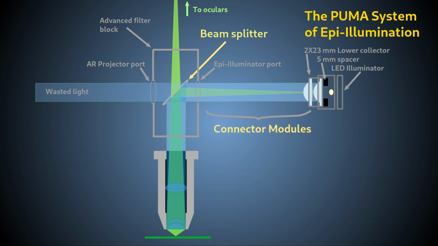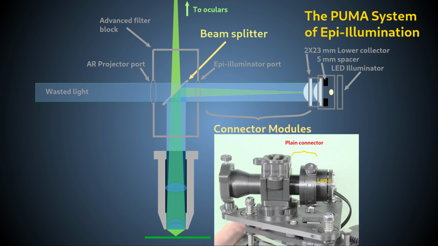The connection of the lamp and lower collector to the epi-illumination port can be made by one of two connector modules. The first is a plain connector with no intervening optics, and this is the preferred method for epi-fluorescence microscopy, because the lack of intervening optics allows the maximum amount of excitation light through to the specimen.